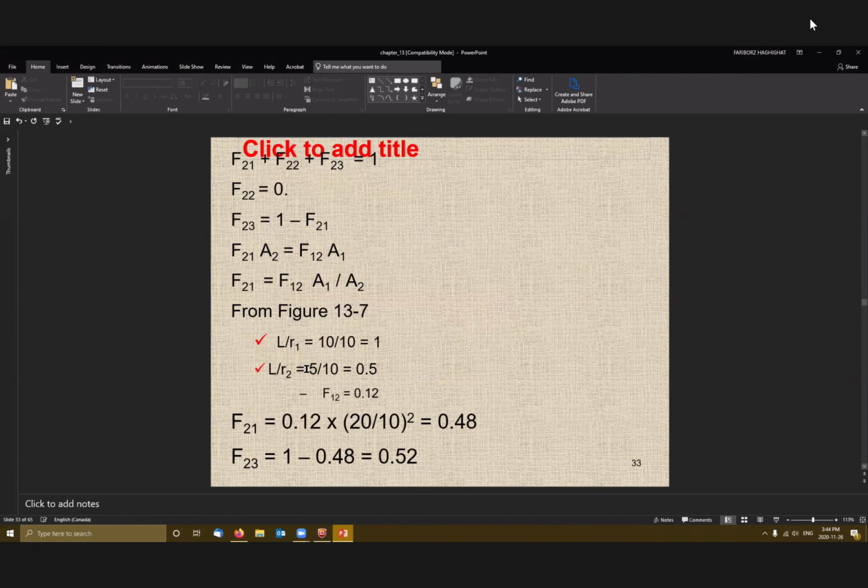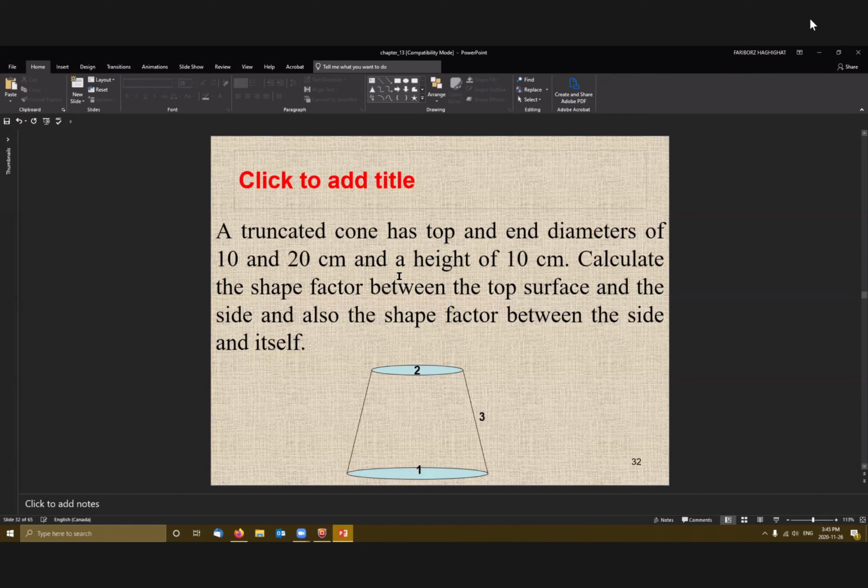The diameter is 10, so it's 10 over 10, so it's the same. 10, 10, and 10, okay. Let me write it down because my memory says R2 becomes 10 over 10, so it's 1. R1 becomes 20, and L is 10, okay?